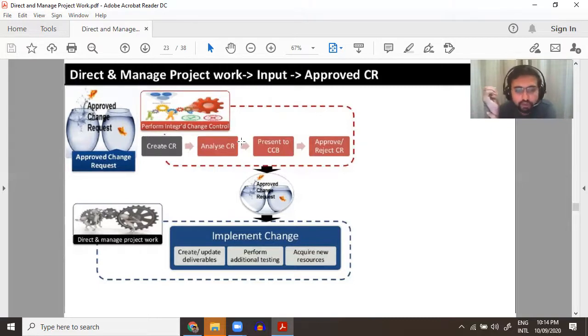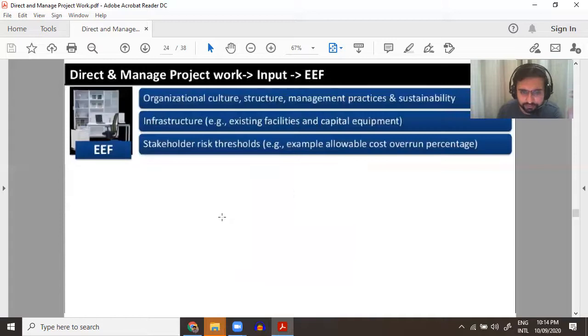If the change request gets approved, it goes back to the execution phase, that is direct and manage work, where it is implemented, deliverables are updated, additional testing is done, resources are required, whatever the change request was. It can be multiple things.